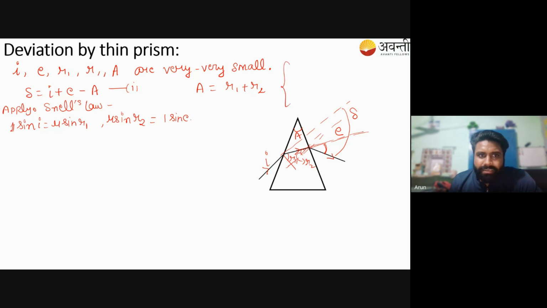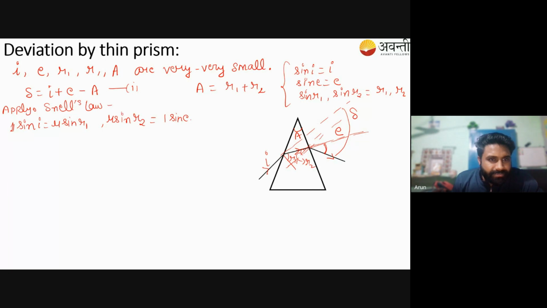Because these angles are very small, we can consider sin i as i, sin e as e, and also sin r1, sin r2 as r1 and r2. I have written that directly here. Got it?